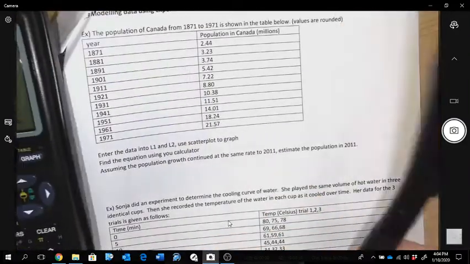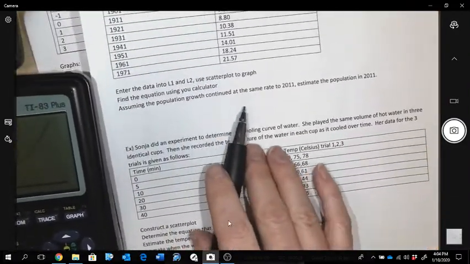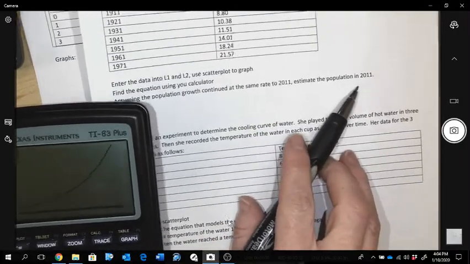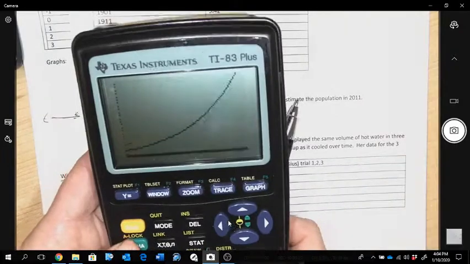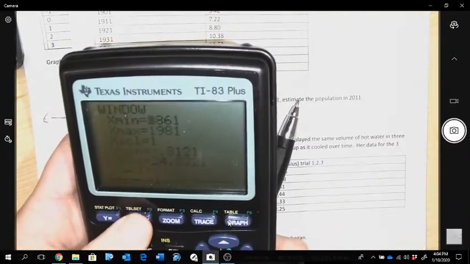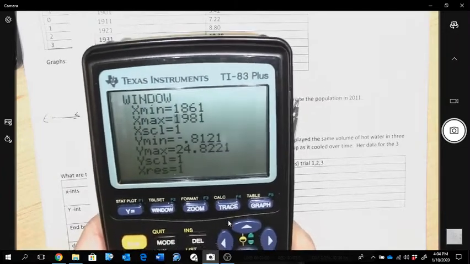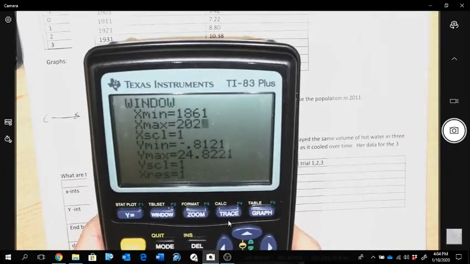Okay. Assume the population growth continues at the same rate to 2011. Estimate the population in 2011. Okay, so window, I'm just going to make sure I'm going past 2011.